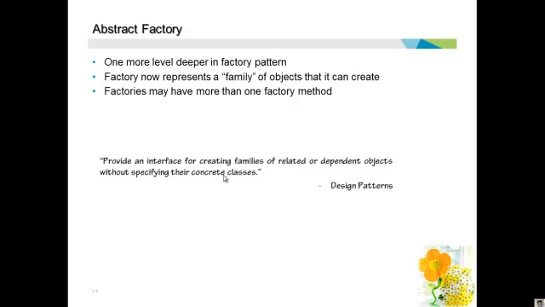And if you look at the definition given by the Gang of Four from the design patterns book, abstract factory means provide an interface for creating families of related or dependent objects without specifying their concrete classes. Maybe it's a little difficult to understand by reading the sentence, but I'm sure you would understand if I show you the code.